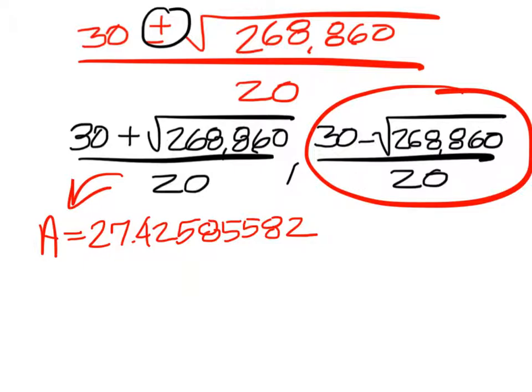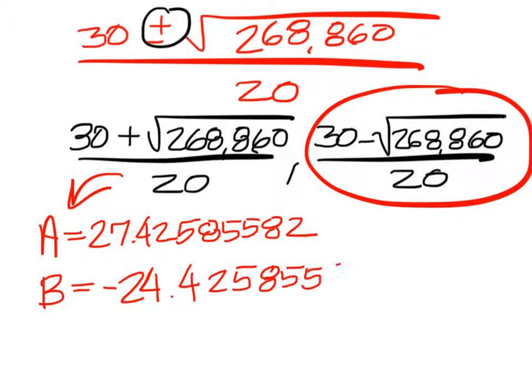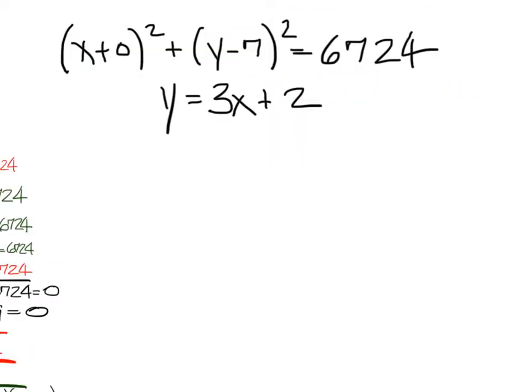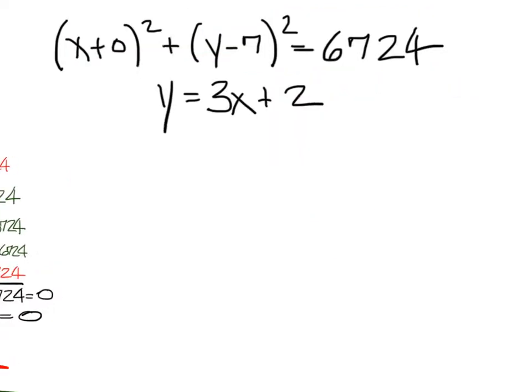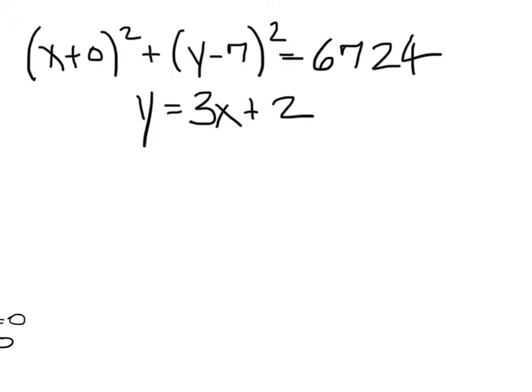So you should come up with a value that you want to put into B that is negative 24.425855582. So hit store, alpha, and the B character is on the apps button, and then hit enter. Alright, in our calculator we have the answers stored that we just showed on the screen.